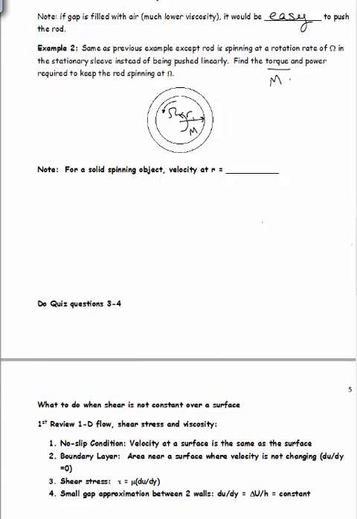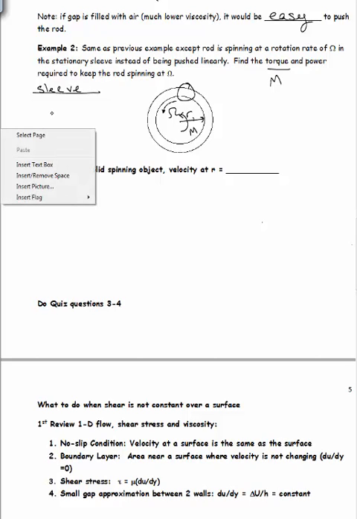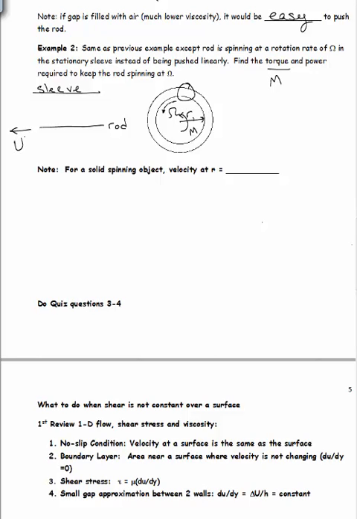All right, so this is a little bit different. Let's zoom in again. Let's zoom into this top here. Okay, and what we have is, here's our sleeve. Okay, and here is our rod, and if we're up here, the rod is moving that way. Okay, at some velocity u.